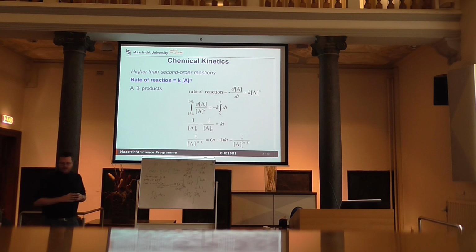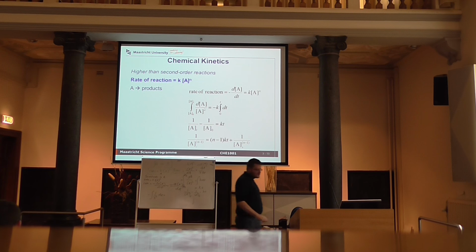You can write a general formula from the rate law, k a to the power of n, and it looks something like this. And that, by the way, is sort of a general solution. If you know n, you can plug it into that equation over there, and you will get the integrated rate law for an nth order reaction. And that's actually quite useful. We've now done it for zero, first and second order reactions, but there you have it.